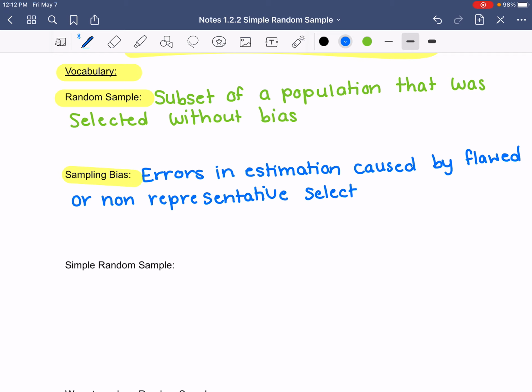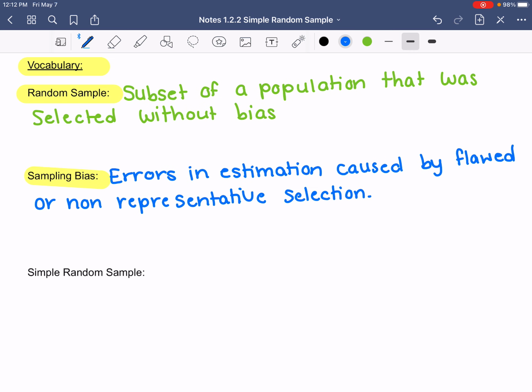So if I was trying to find the average height of students at Citrus Valley High School, and I only do the people that are on the basketball team, they might be taller than some of the other people on our campus, so there would be some bias there.